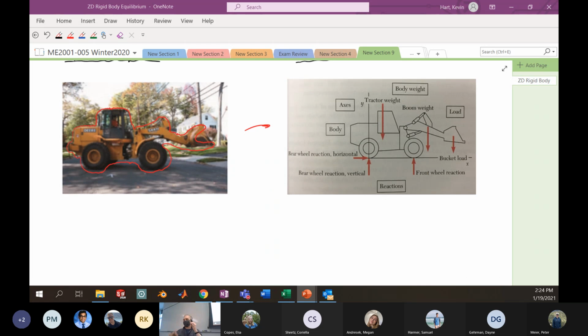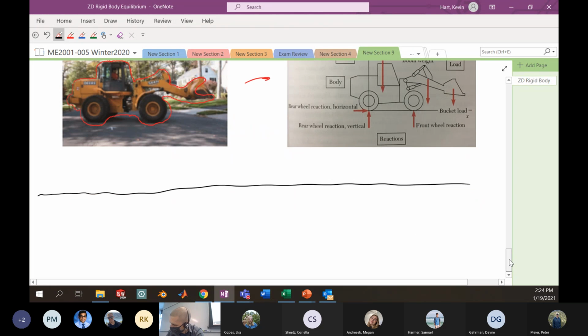So let's now consider one more example with a common object, and we'll actually draw this one instead of bringing in the picture from the slides. Let's do an example with a truss.